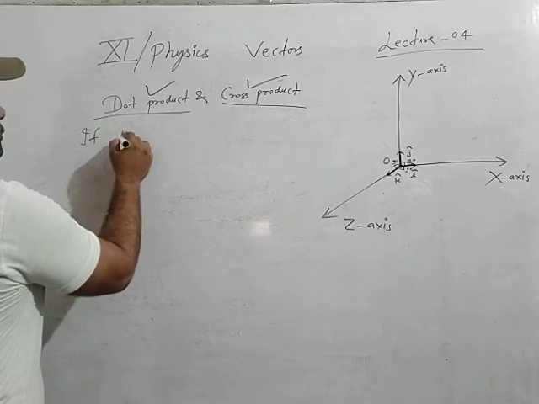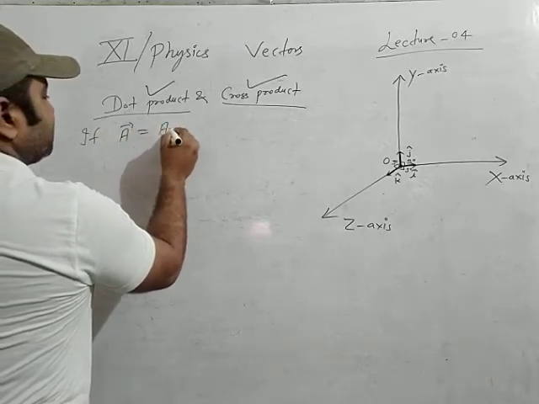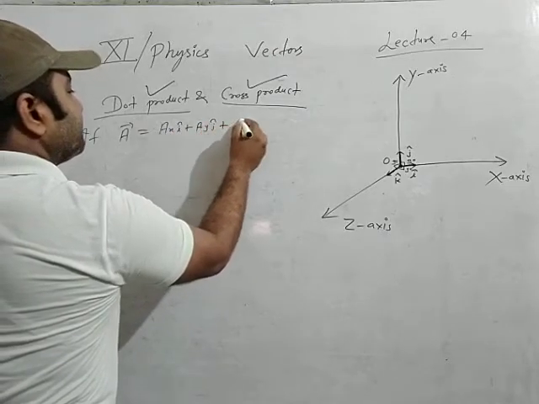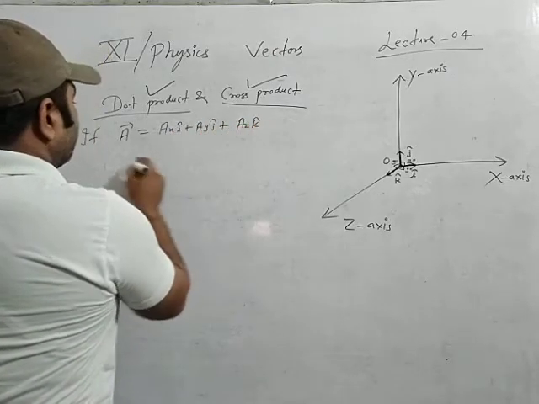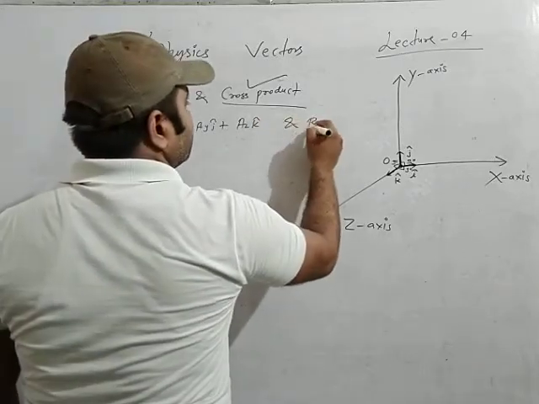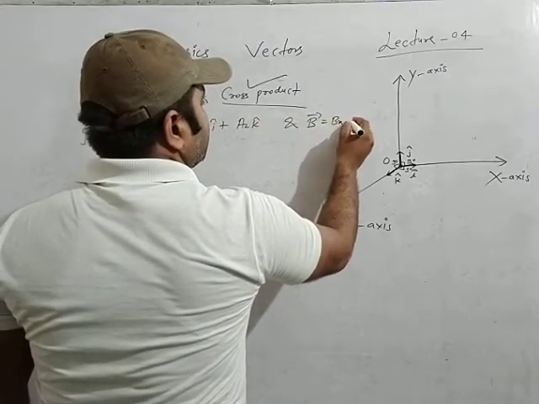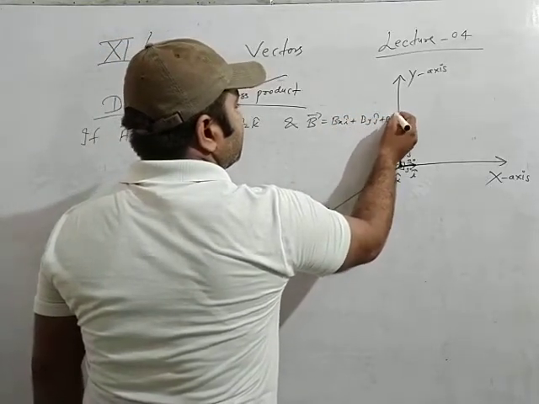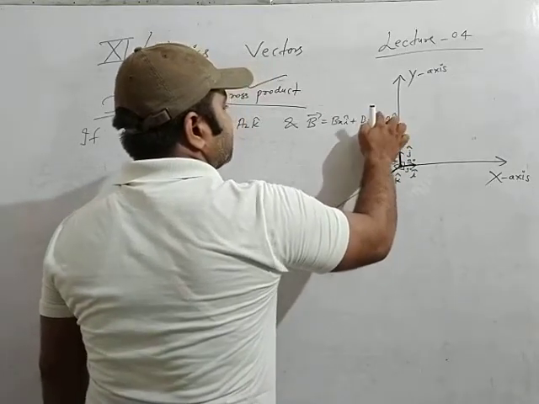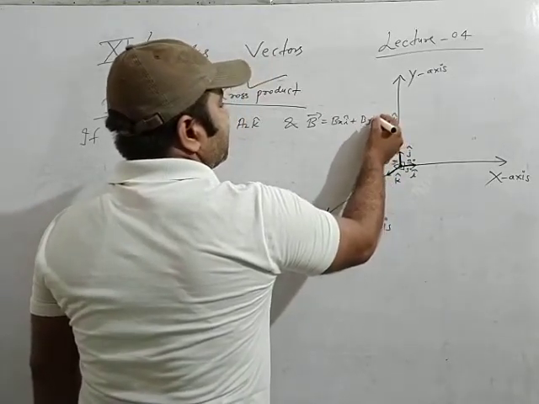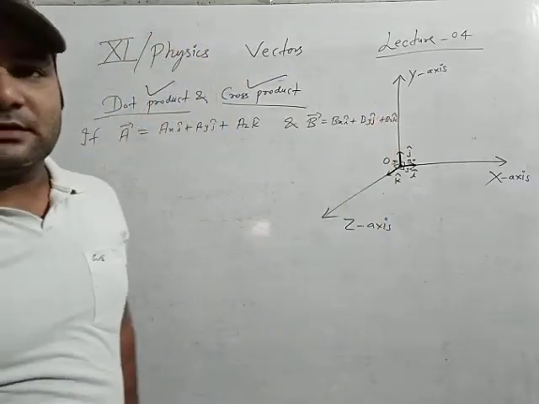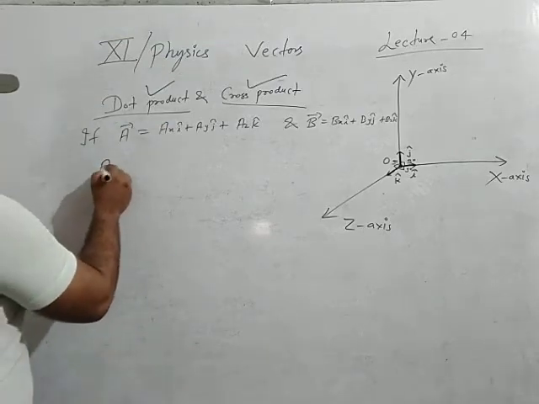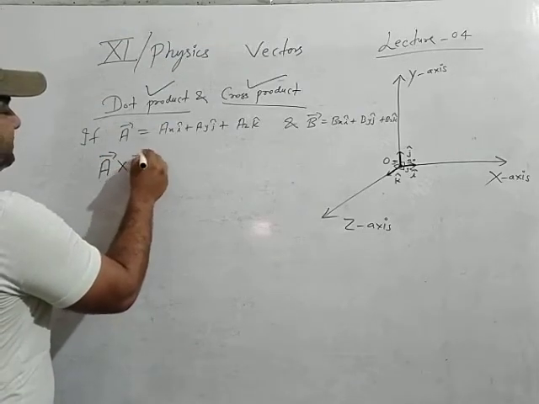If two vectors, as in the previous concept, are a = axi + ayj + azk, and vector b = bxi + byj + bzk, then the cross product of two vectors, a very important and very easy concept, that is A cross B.